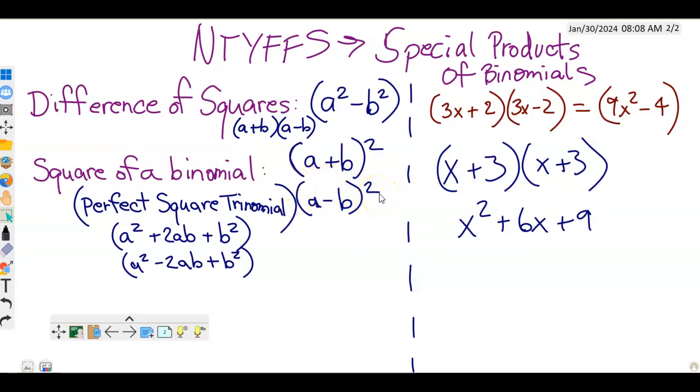Okay? It just so happens that there is a special name for the trinomial that you get when you multiply two binomials that are exactly the same together. Okay? They have a special name for it. It's called a perfect square trinomial. And these come in very handy in our quadratics unit.